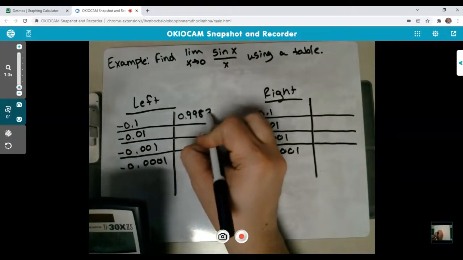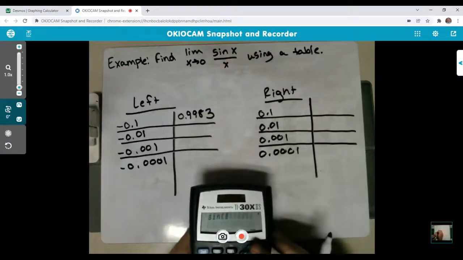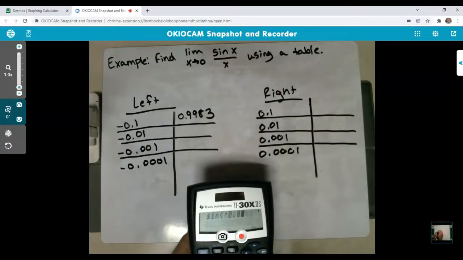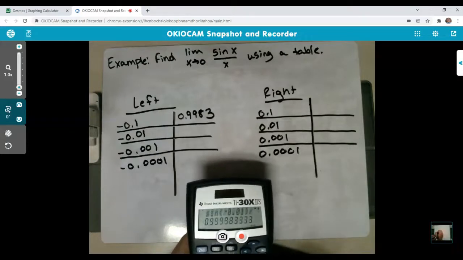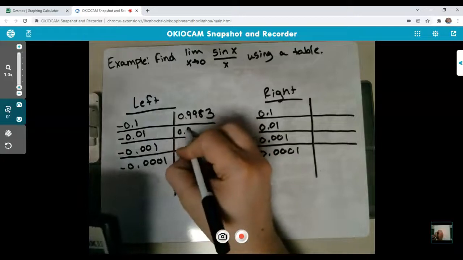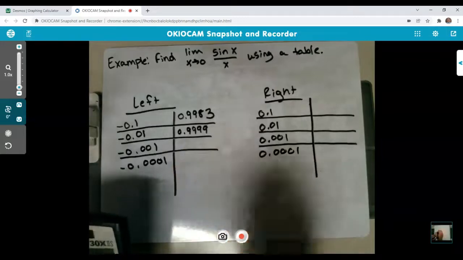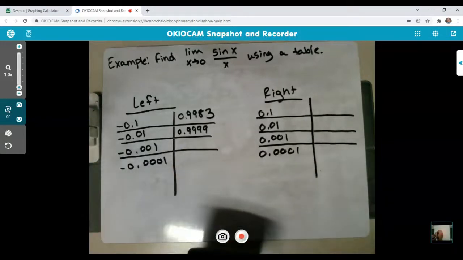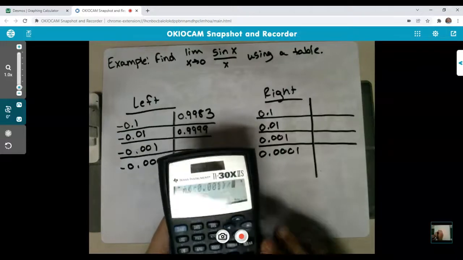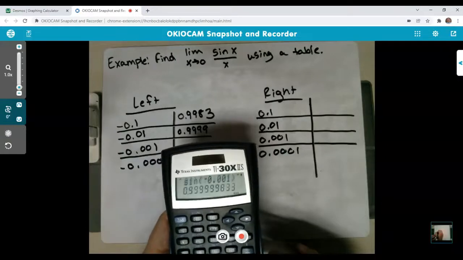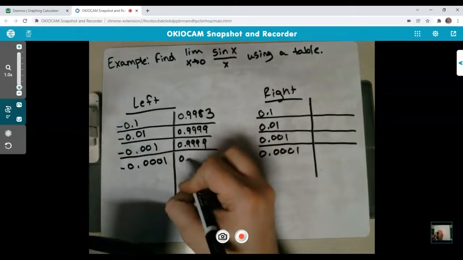Let's plug in our next point. Sine of negative 0.01 divided by negative 0.01 gives you 0.9999. And then if I plugged in negative 0.001, just keep going, I get the same thing, just a bunch of 9s.